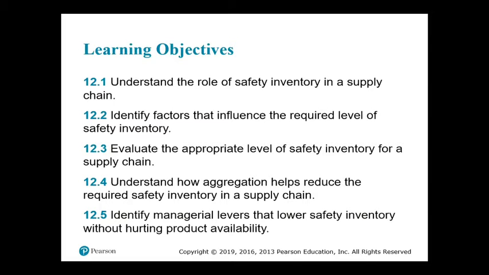And then based on these factors, determine the appropriate level of safety inventory. And then understanding the benefit of aggregation. And then finally talk about some managerial levers for lowering safety inventory levels without hurting product availability.